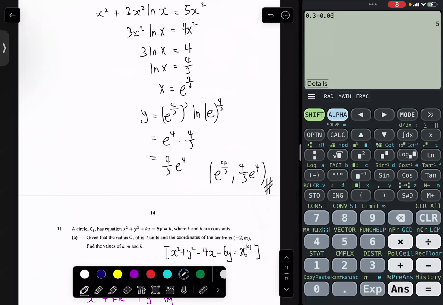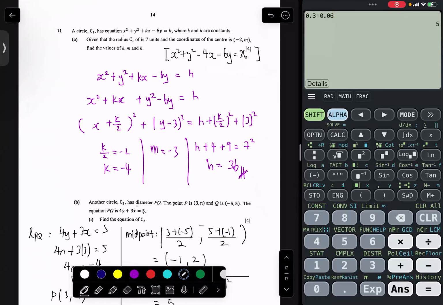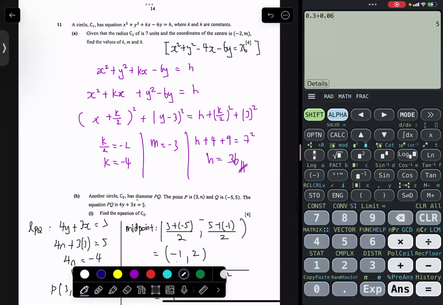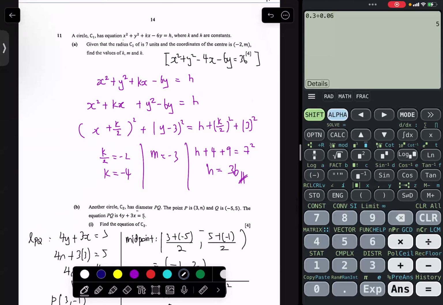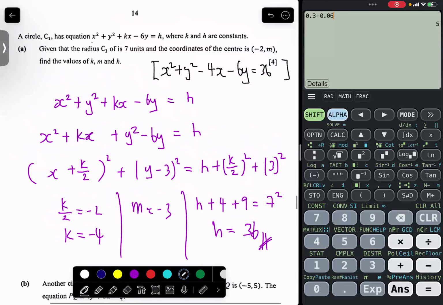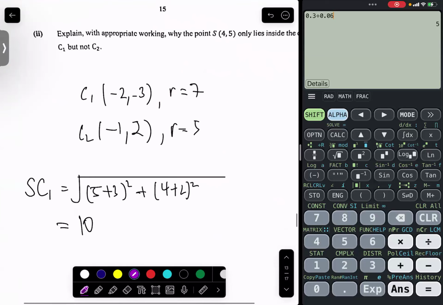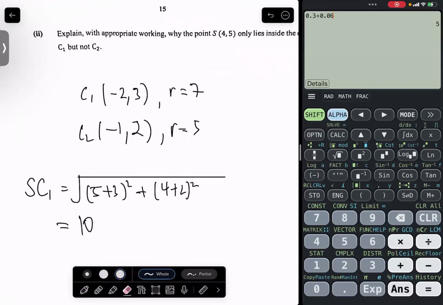Oh wait, n equals to 3. So this would be minus 3.